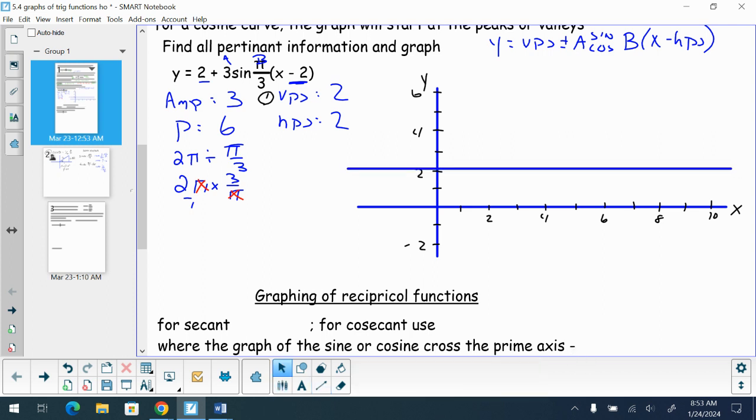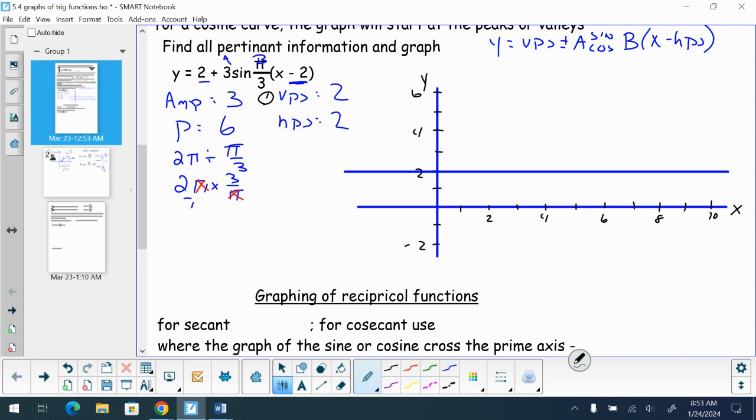Once again, this is the axis that we will oscillate about. We will go up from this, and we will move down from this. Second thing, do we remember? There are 2 things we take a look at. Where do we start our graph? What x value do we start at?